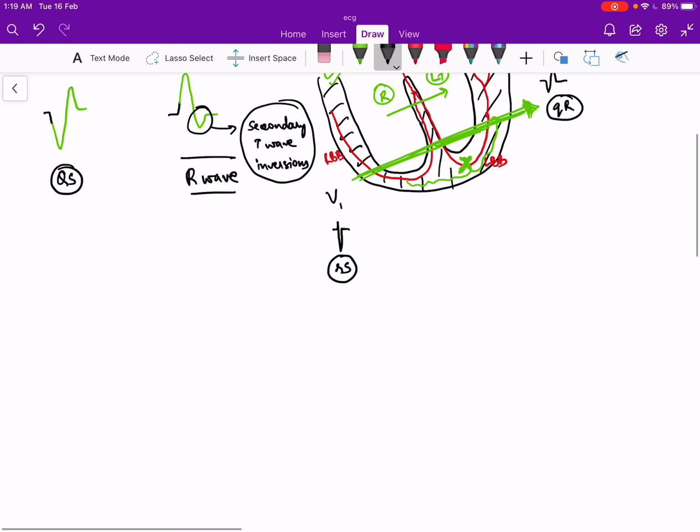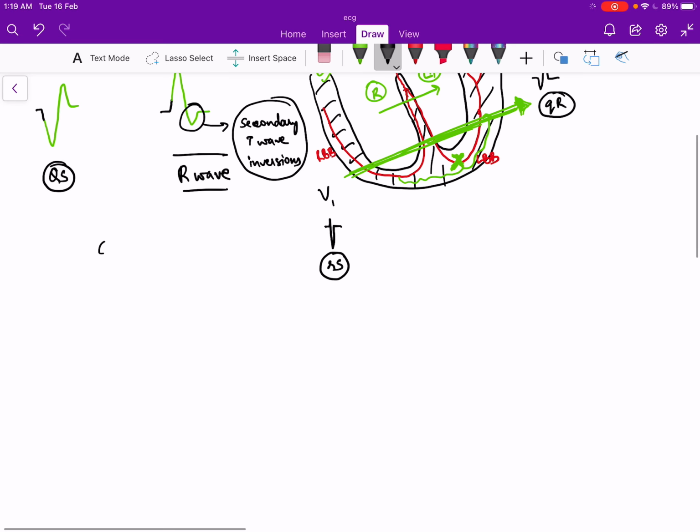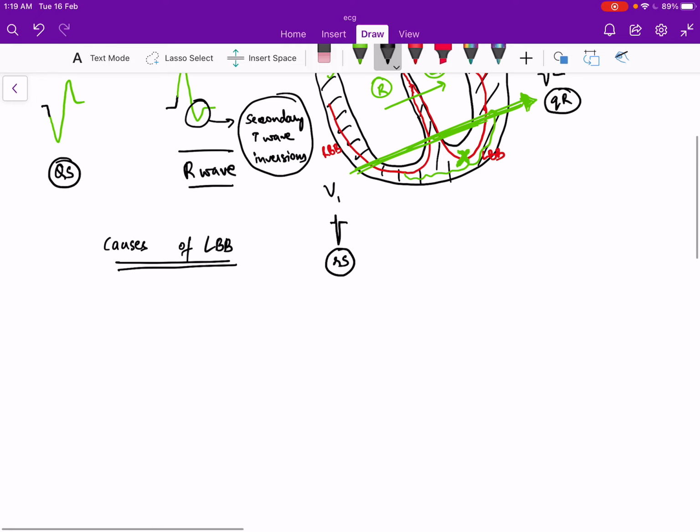So what are the causes of LBBB? LBBB is almost always pathological.